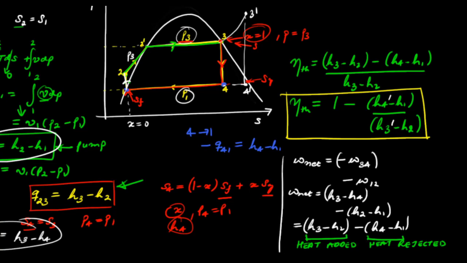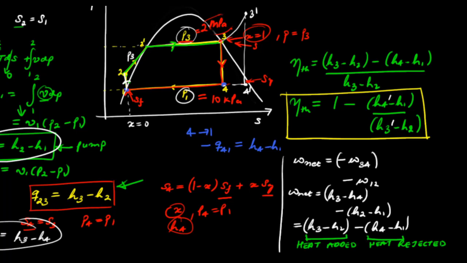Consider an example where you are given that, let's say, pressure P1 is 10 kilopascal and P3 is 2 megapascal.